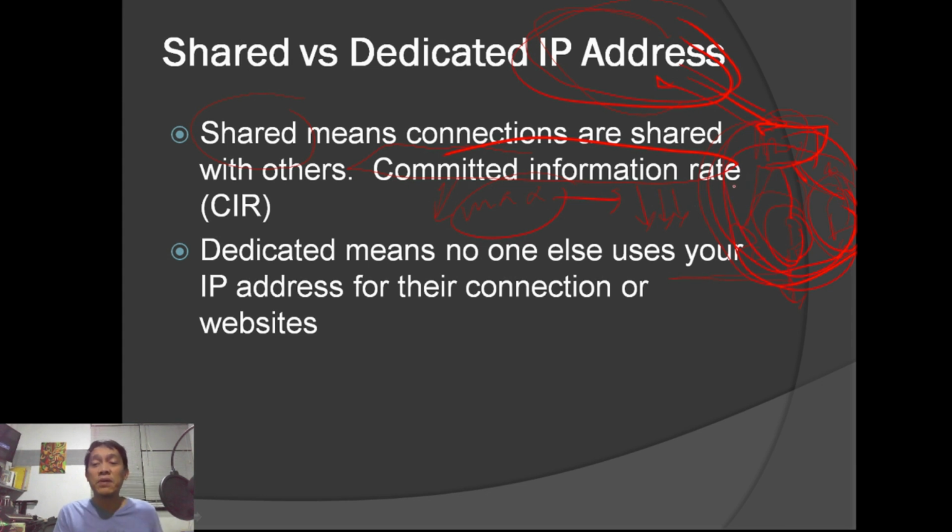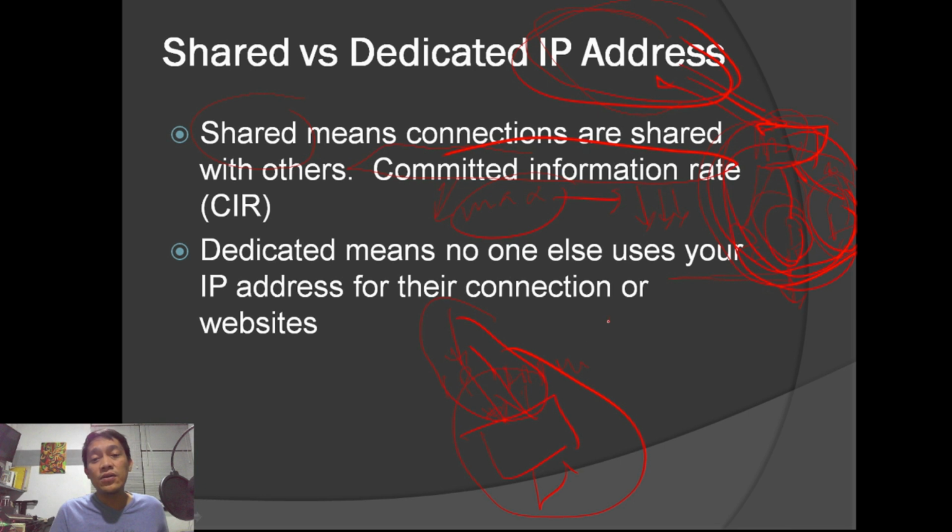network. Your speed depends on how the computers on the network on the shared resource is being utilized on a particular time. Okay? Unlike with the dedicated, so dedicated IP is that you own that IP address. Okay? So you connect directly from outside of the internet and you use it as your resource. If this is a dedicated IP, it means that you are using the network resource alone.